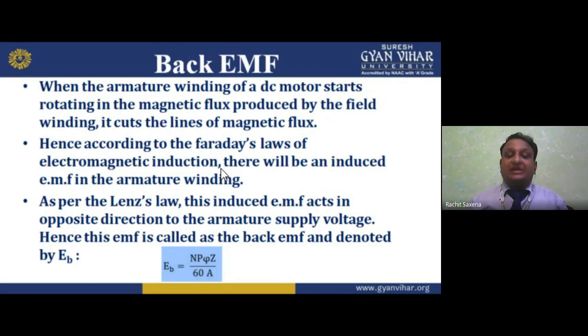So as per Lenz's law, the induced EMF acts in the opposite direction to the armature supply voltage. Hence, this EMF is called the back EMF and is denoted by EB.